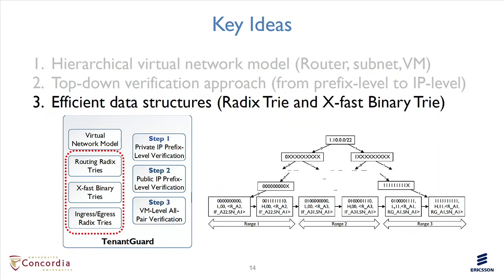To implement the top-down verification, we get aid of efficient data structures such as radix trie and XPath binary trie, because they provide very efficient searching and insertion operations. Now let's talk about each of them in more detail.